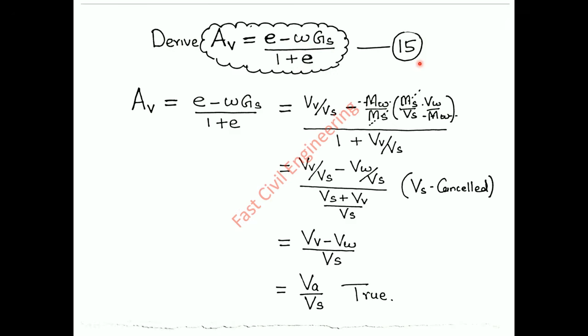Using the definition of E, volume of voids over volume of solid, minus the definition of W, mass of water over mass of solid, and the definition of GS, over 1 plus the definition of E, volume of voids over volume of solid, then simplify this equation. We can get AB is equal to volume of air over volume of solid. This is true. Therefore, this relationship is true.